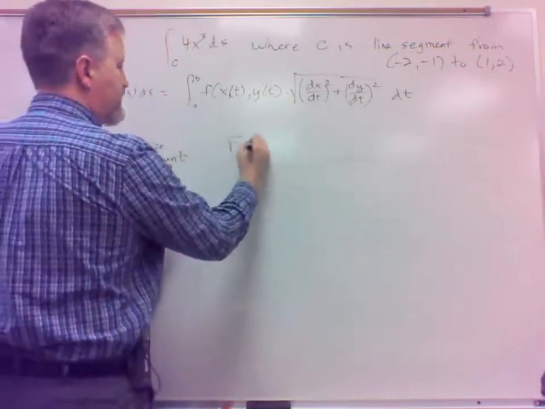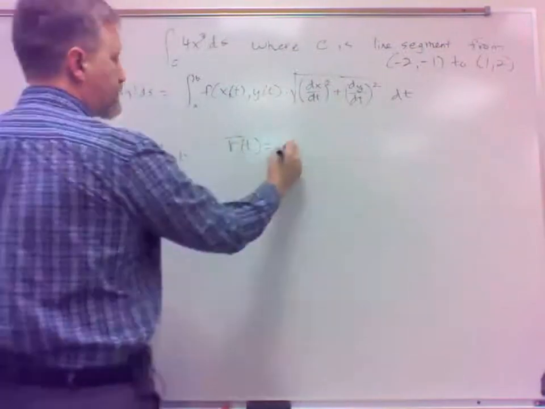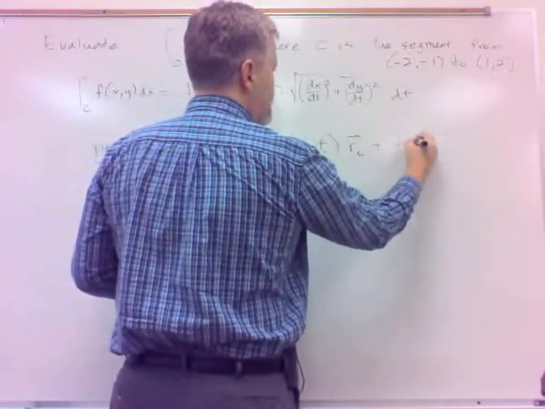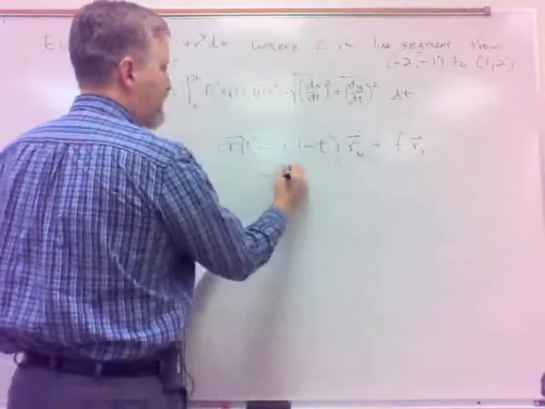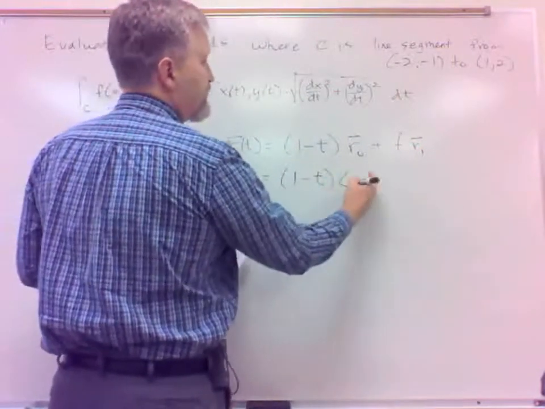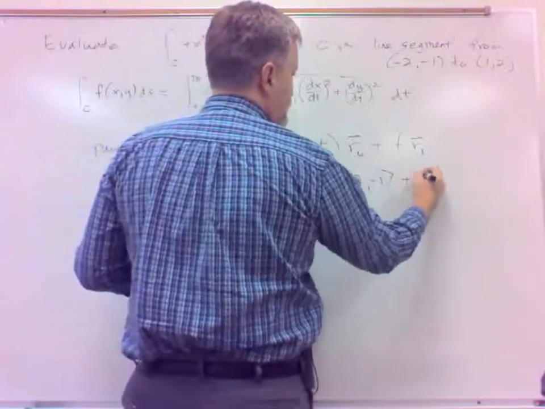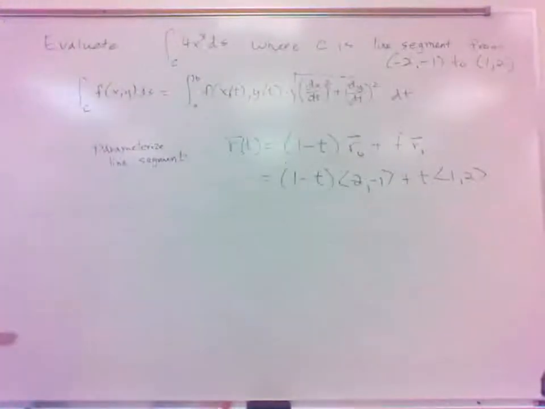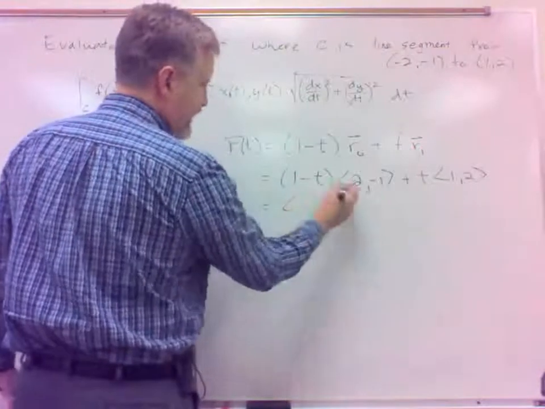So that's r of t equals 1 minus t r0 plus t r1, where in this case r0 is just negative 2, negative 1, and r1 is just 1, 2, that vector. I like to go ahead and write it out.